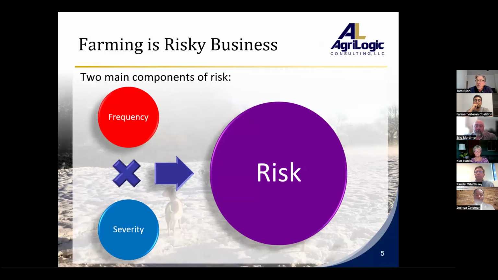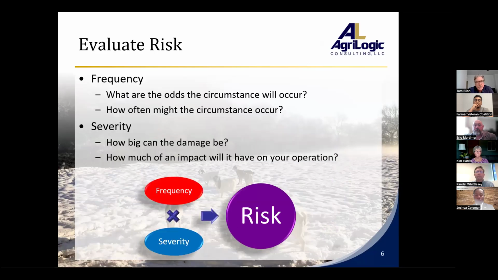In a simple description, there are two main components of risk: frequency and severity. Those two variables make up the measure of the risk that you're looking at. So when you're evaluating, you have to consider what are the odds of something happening.